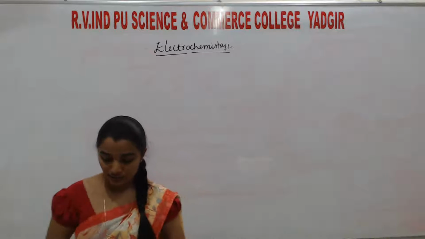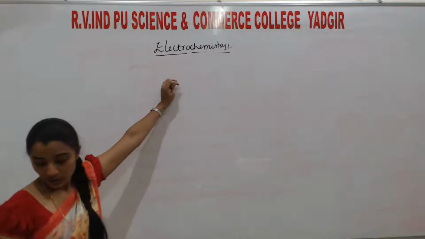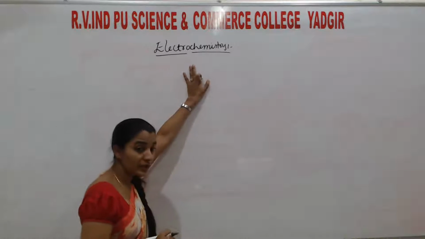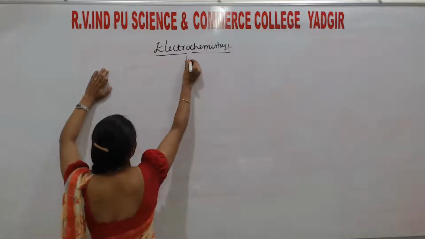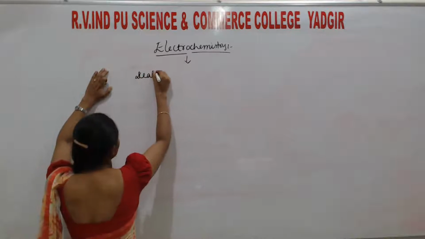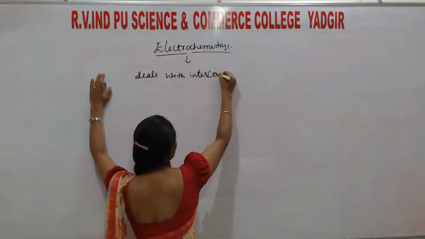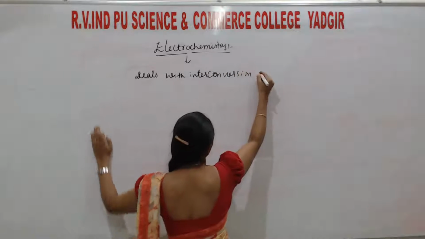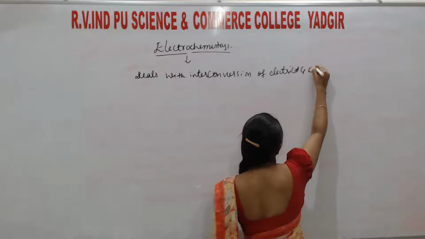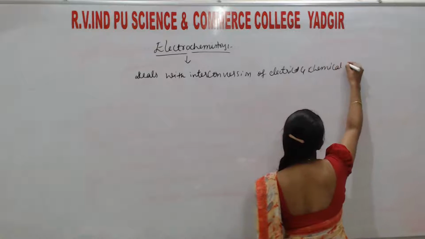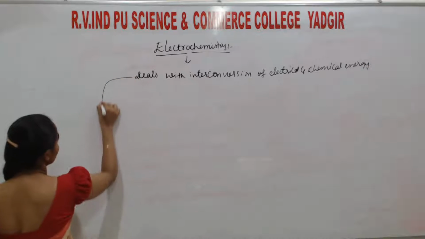Understand? So students, as I told you, electrochemistry is the branch of chemistry which deals with the interconversion of electrical and chemical energy. In this, two types are there.